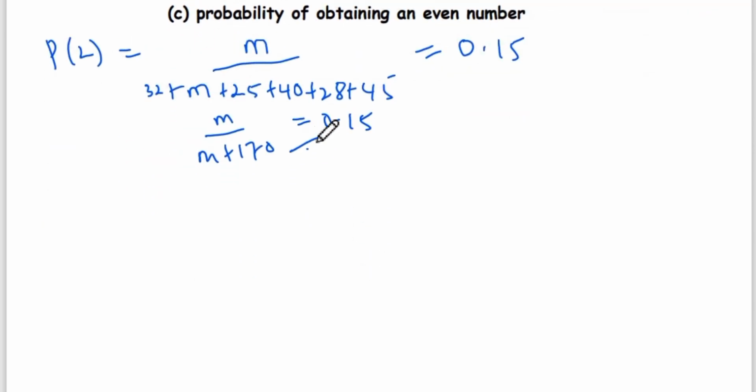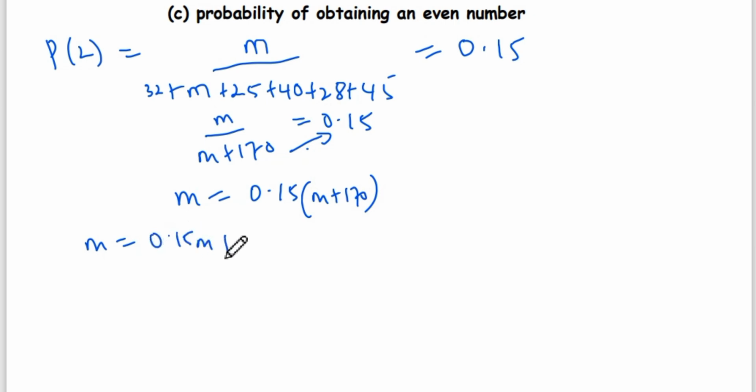And when we cross multiply, we have m is equal to 0.15 multiplied by m plus 170. So m is equal to 0.15 m plus 0.15 multiplied by 170, which is 25.5. So m minus 0.15 m is equal to 25.5.